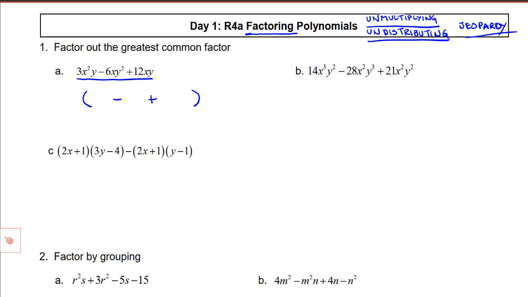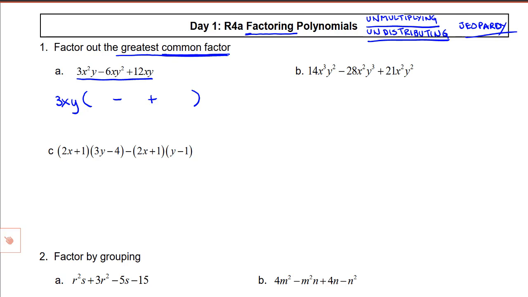Just yell it out. 3, good. X, good. Y, good. Those are the common factors. And if I get them all out, I get the greatest common factor. Right? Got to get them all out. Not just some of them, all of them.